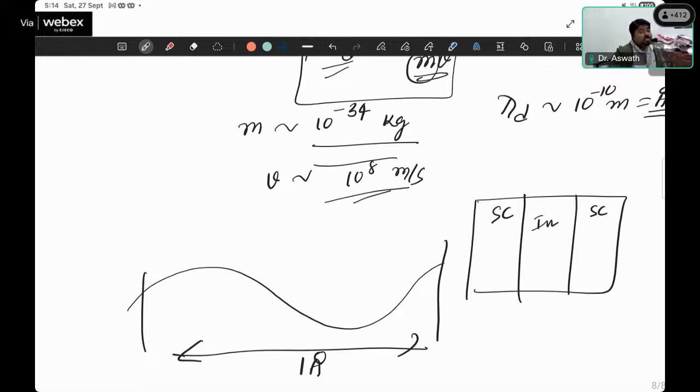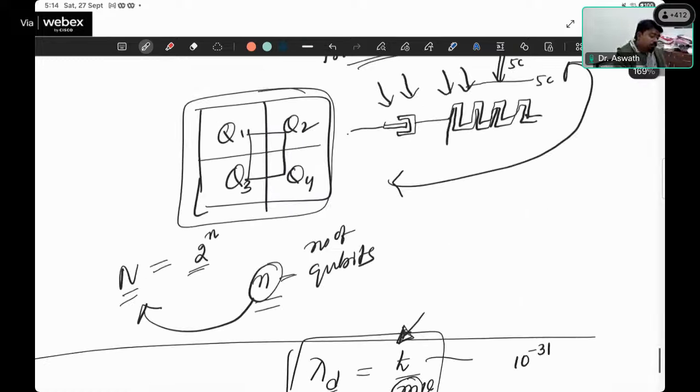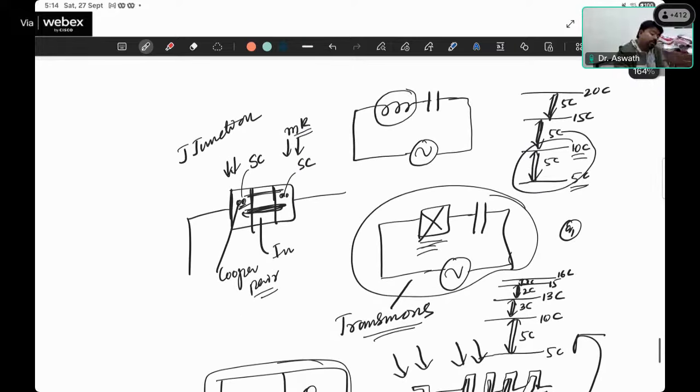So this has nothing to do with how many qubits I'm realizing. In an LCR circuit with the Josephson junction, it doesn't matter how many Cooper pairs are formed within the Josephson junction. What matters is whether the entire setup gives me two possible quantum states or not, and whether I am able to create a superposition or not.